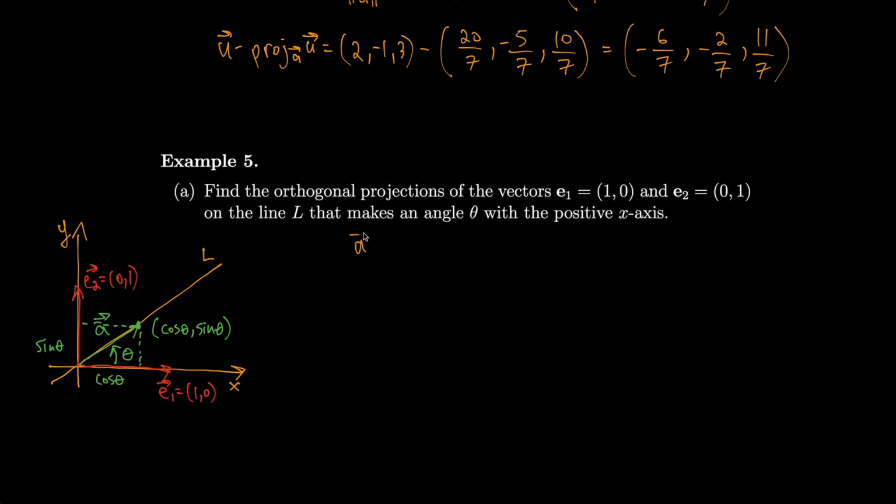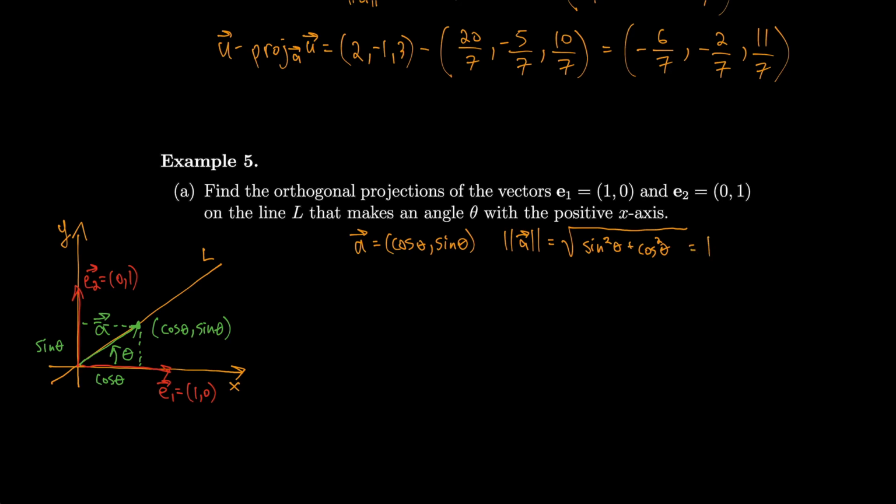Since A equals (cosine theta, sine theta), the length of A is equal to the square root of sine squared theta plus cosine squared theta, which is just 1.